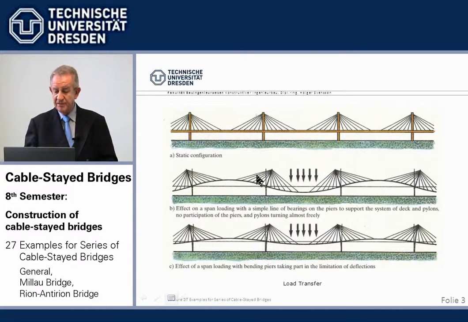Here we have even bigger deflections if we have bearings than when we use the bending stiffness of the tower. But this is a picture you should remember. Loads in one span mean, from the start, large upwards deformations in the other spans, and those have to be limited.